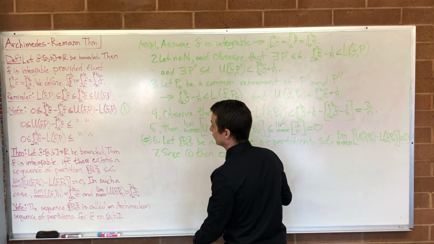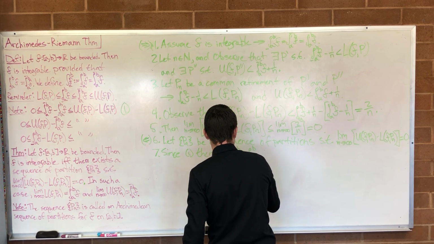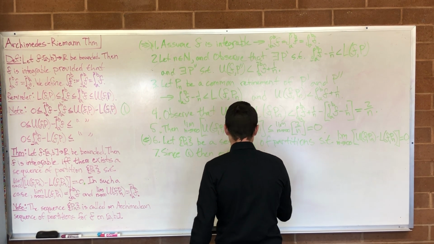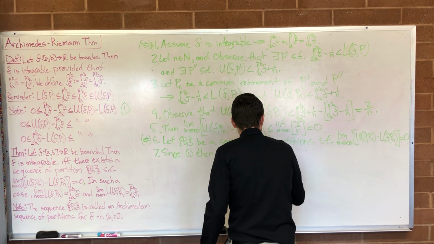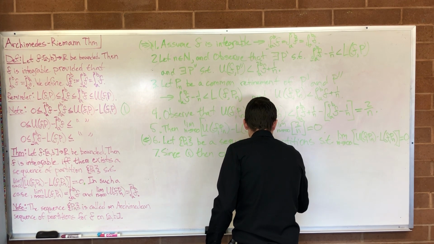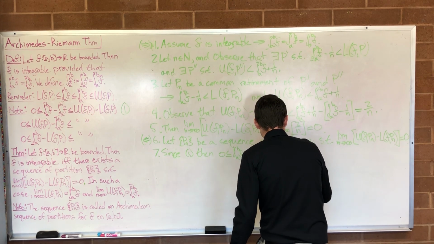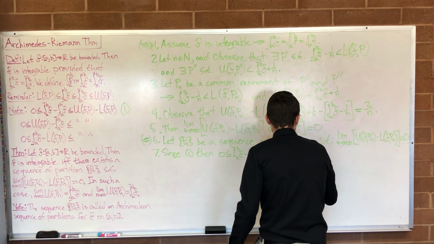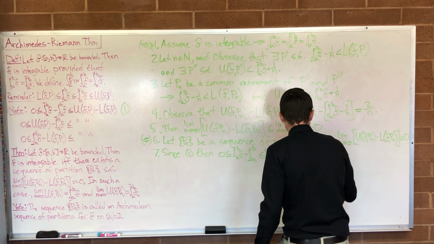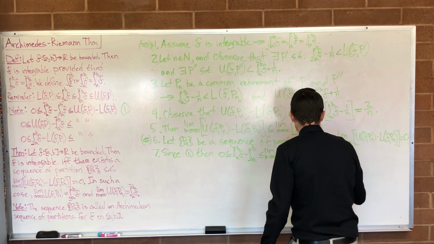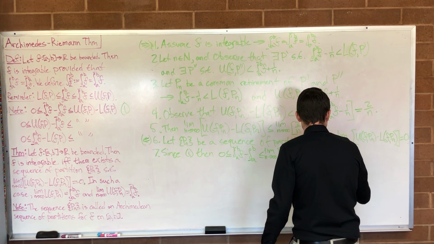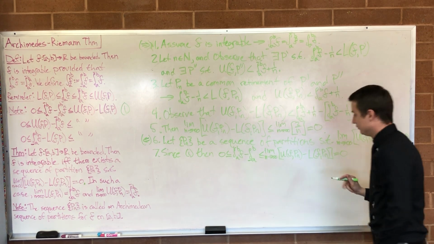Or sorry, the upper minus the lower. Yeah, I have it written right over there. I just read it wrong. The upper minus the lower integral, which is going to be less than or equal to the limit as n goes to infinity of the upper Darboux sum minus the lower Darboux sum, which is equal to 0.